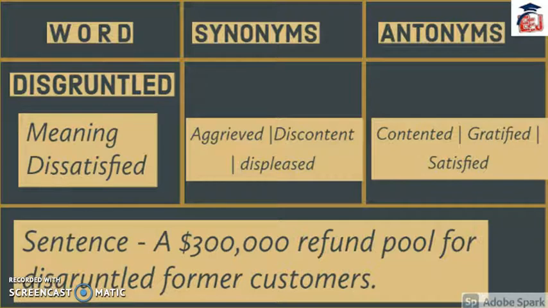Disgruntled. Disgruntled means dissatisfied. Aggrieved, discontent, displeased are synonyms. Antonyms can be contented, gratified, and satisfied. Now let's look at the sentence.